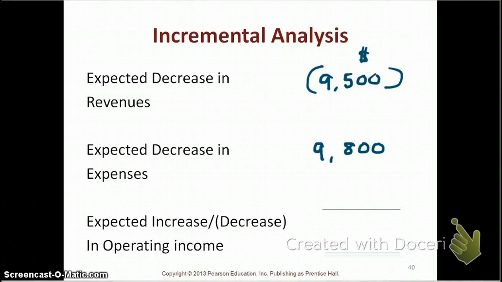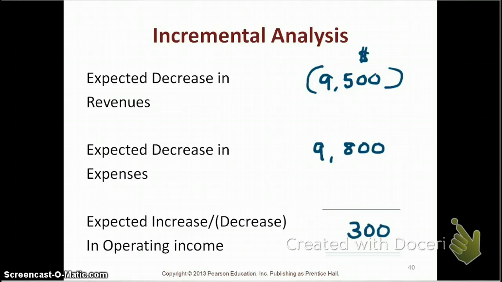So these are the only two relevant items in our data that will affect us if we drop the blankets line. We have a decrease in revenue of $9,500, a saving of $9,800, for a net effect of a saving of $300. So if we drop the blanket line, we save $300, which will go towards increasing our operating income.